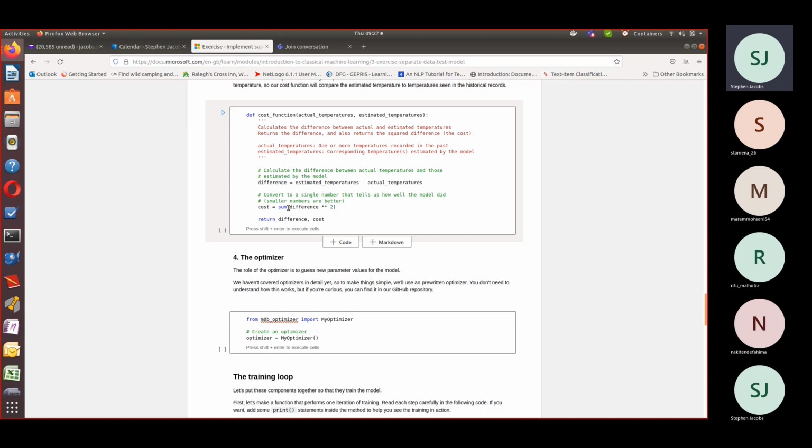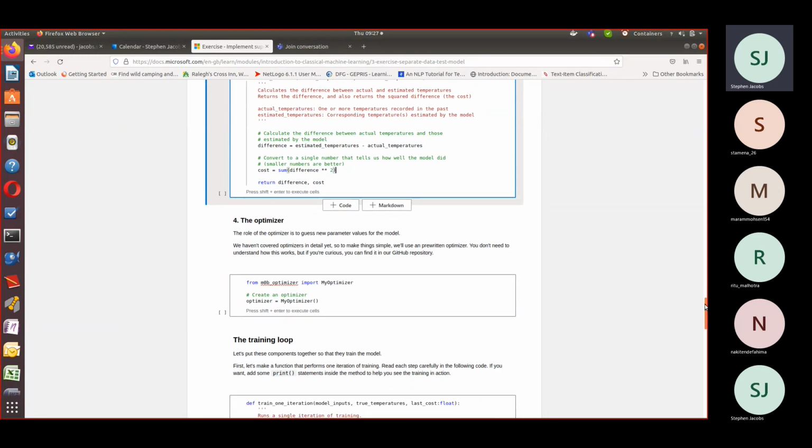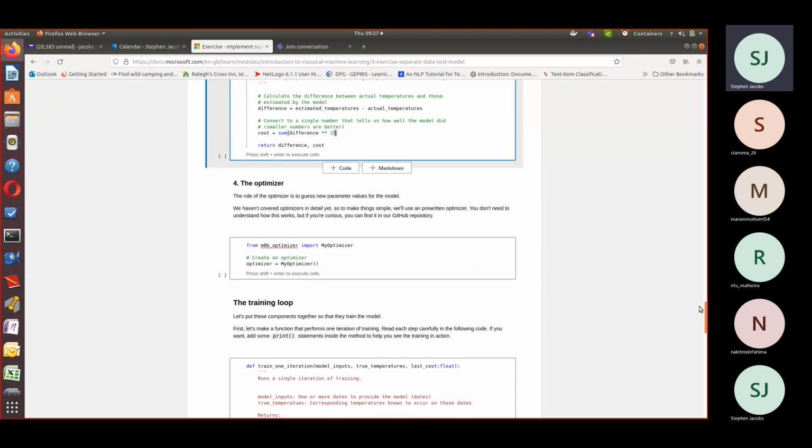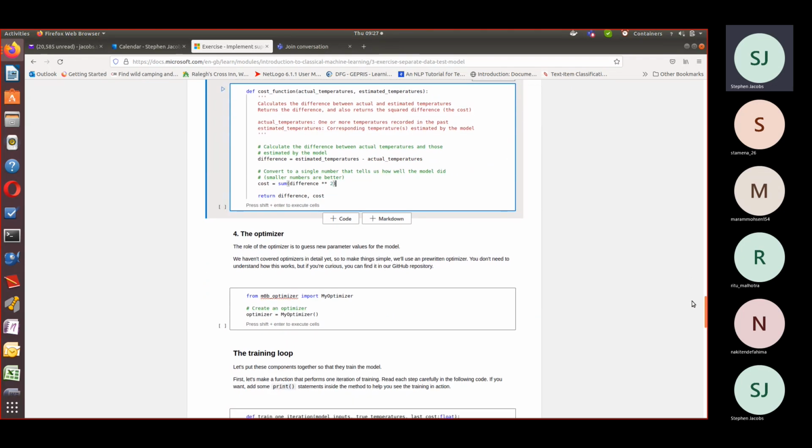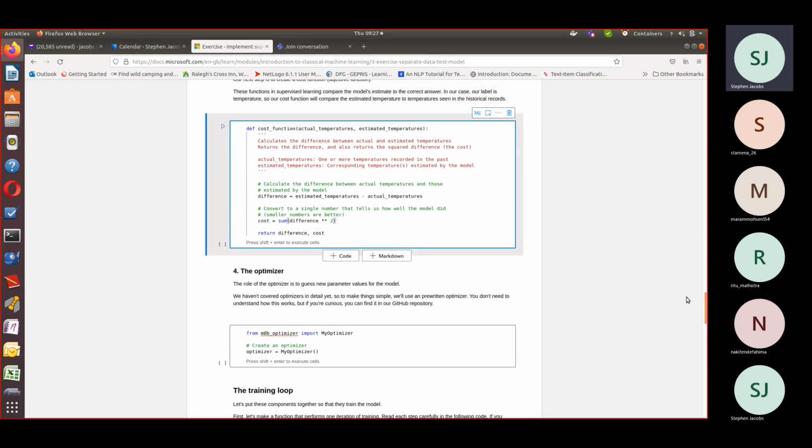But this sum is the cumulative sum through all the data points of the cost. Okay, so it's the total cost, the total error in our model as it now stands against data we know the values of. So once we know that, we need to optimize that in some way.